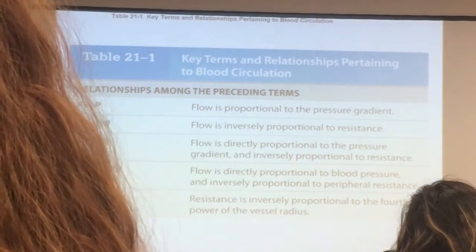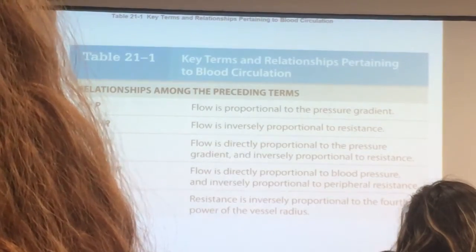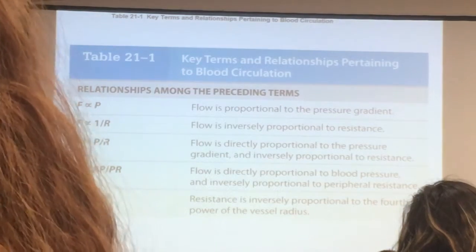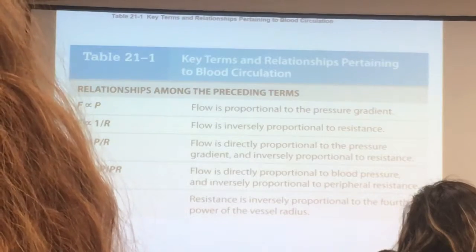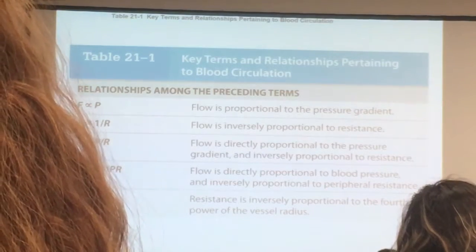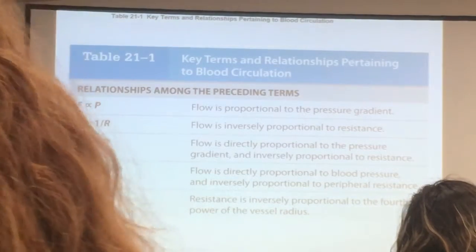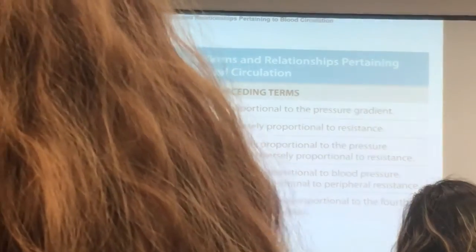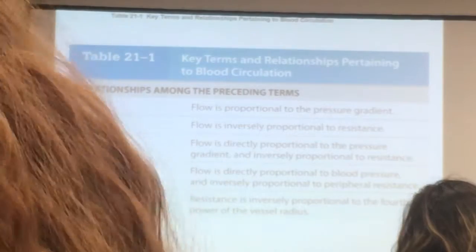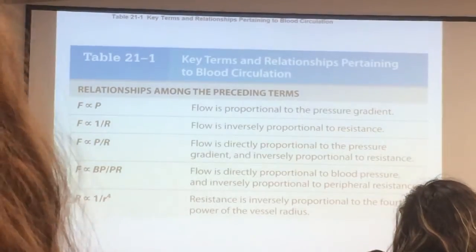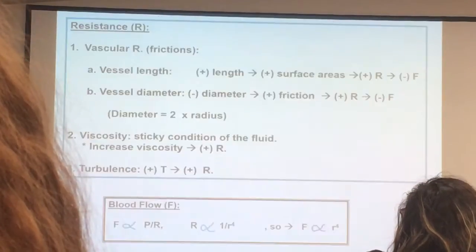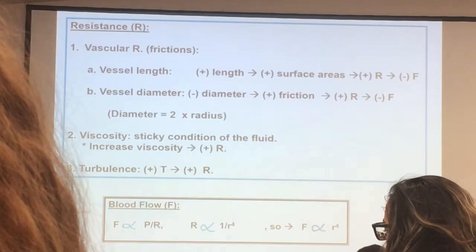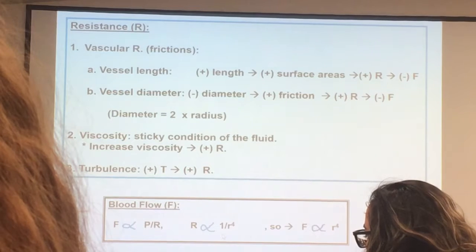If we put it together, F is proportional to P over R. Sometimes we put ground pressure, peripheral pressure, but I prefer this one. But very interesting is the radii to the fourth power, so I put it that way, much easier for you. These three you have to know, the equation.